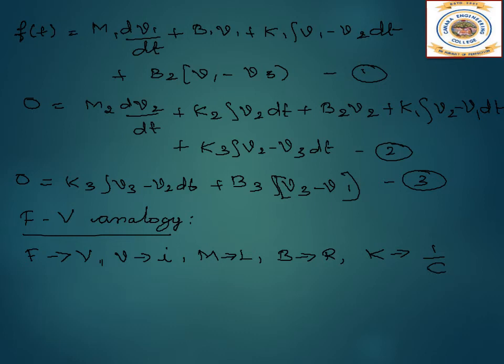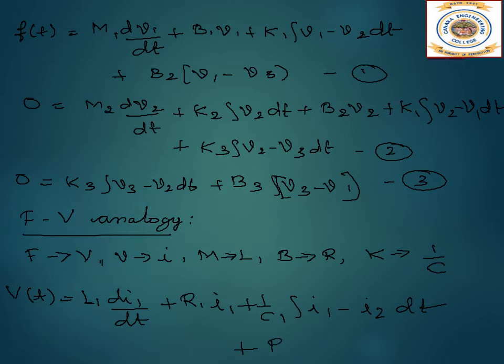So we get v of t is equal to L1 di1 by dt plus R1 I1 plus 1 by C1 integral I1 minus I2 dt plus R3 into I1 minus I3.